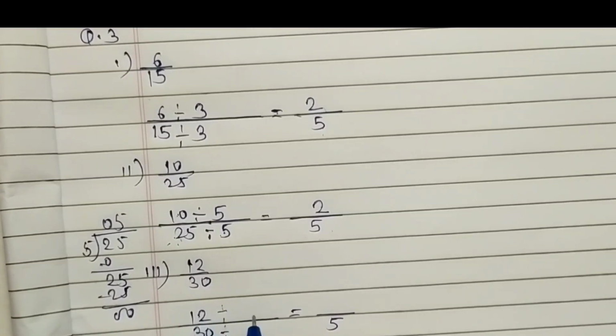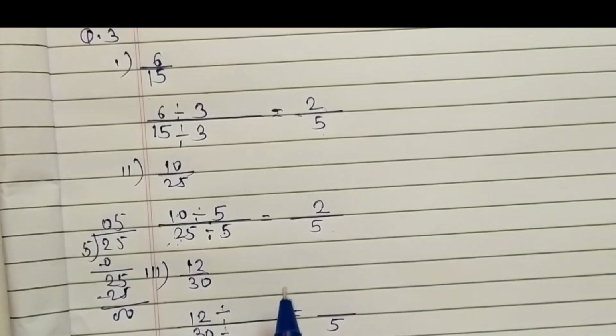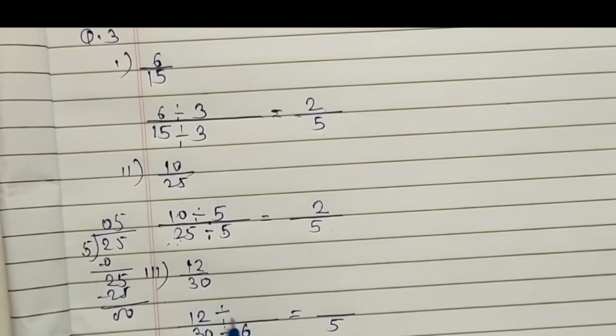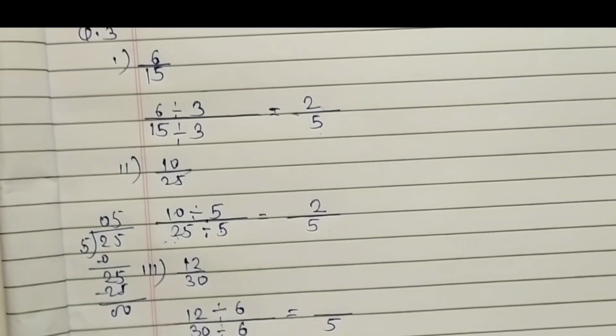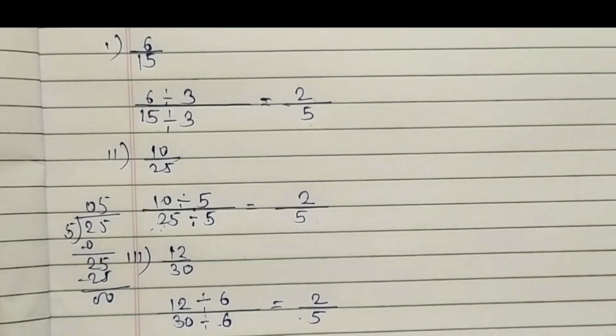And 30 is in the 6th table. So 6 5s are 30. We just divide this fraction by 6. So 6 2s are 12 and 6 5s are 30.